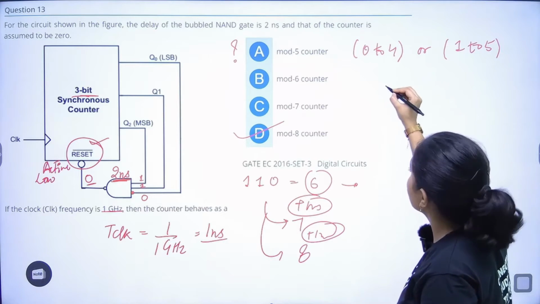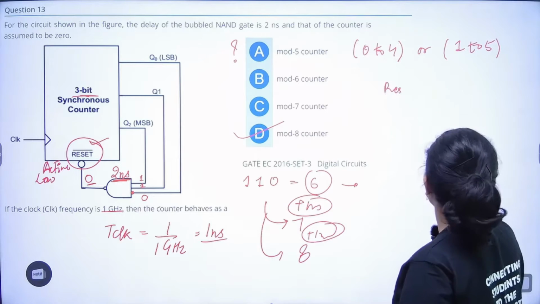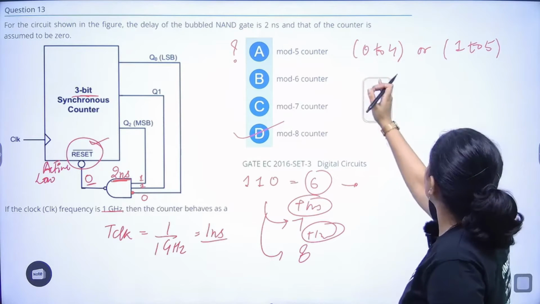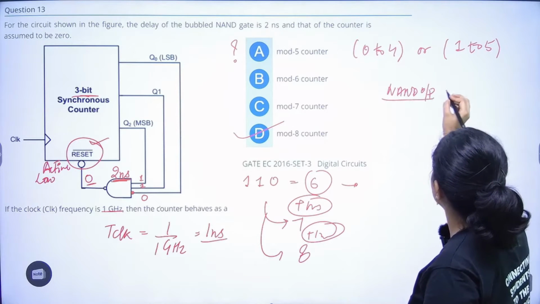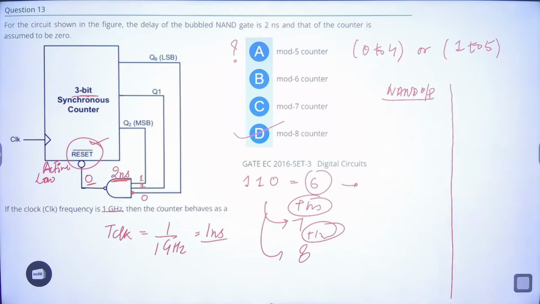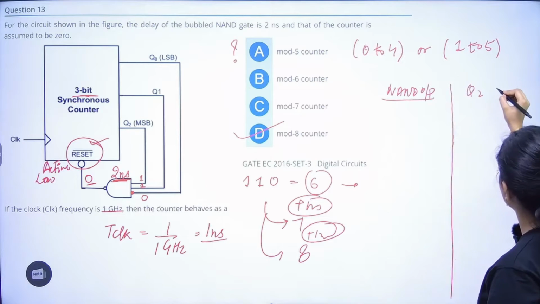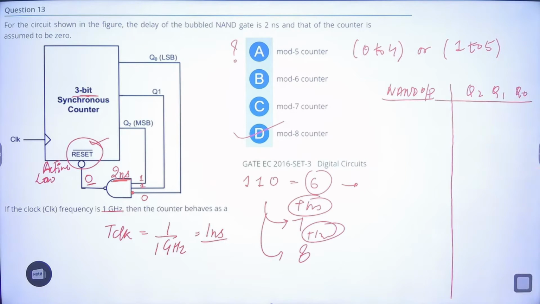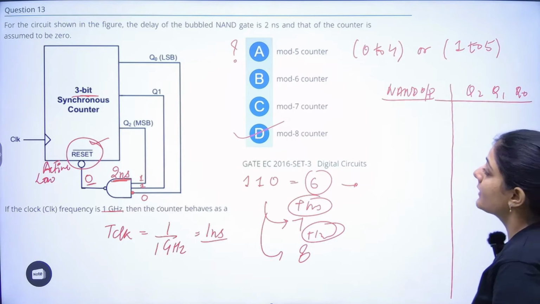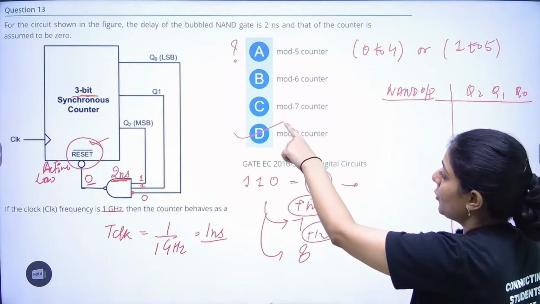So this is reset, or you can say the NAND value. I will be writing here the NAND output, Q2, Q1, Q0. Right. So it is ANDing not Q1 and Q2.